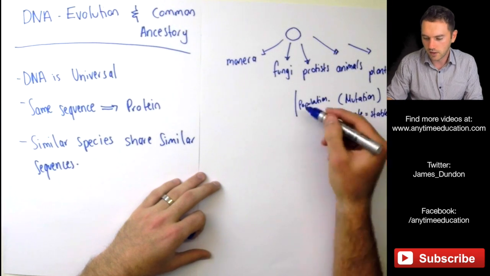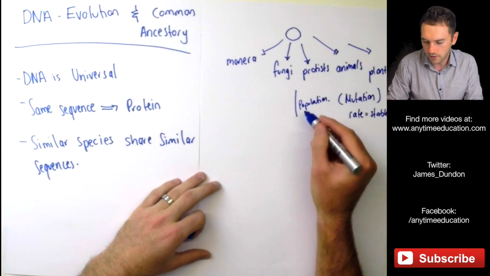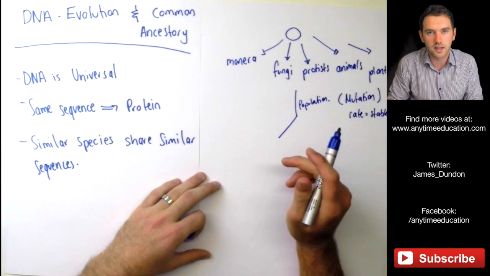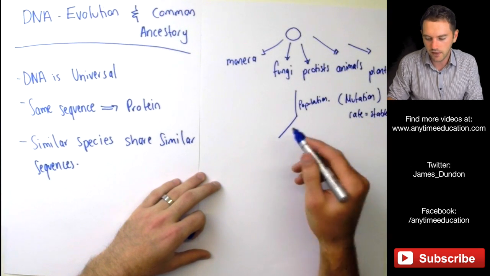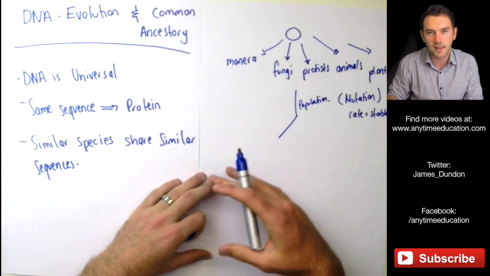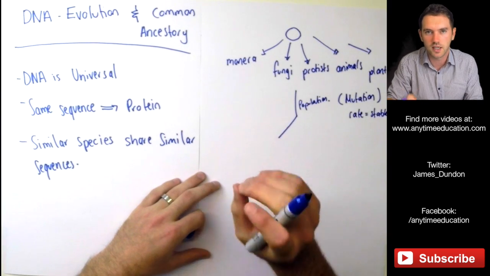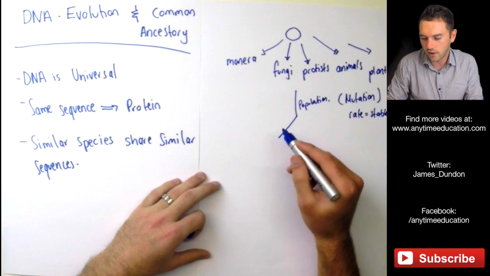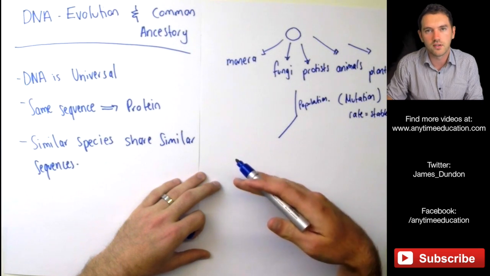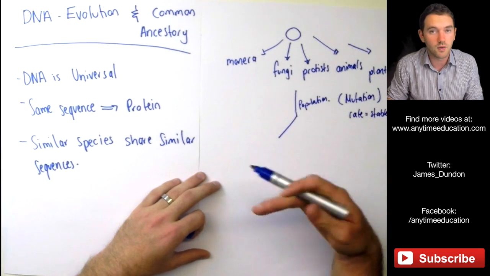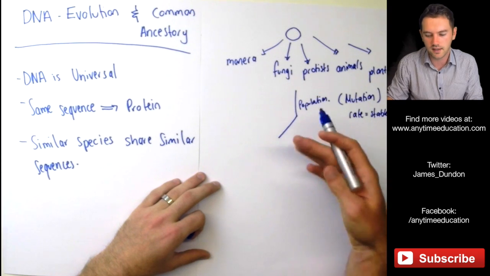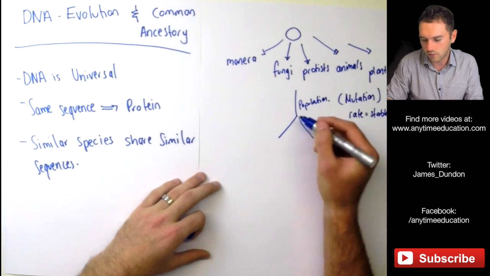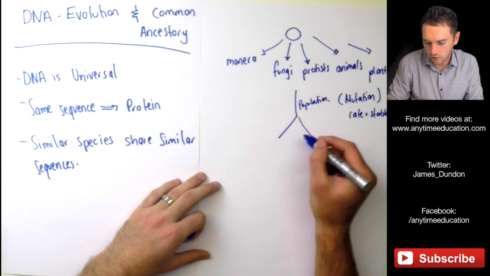So we've got a population, we get mutation, and that mutation slightly adjusts individuals within that population. If they change enough through mutation and they have new selective pressures, check out our natural selection video, then those with the mutations that allow them to succeed and reproduce are going to pass that DNA on. So occasionally we get this diverging of one population into two new species.